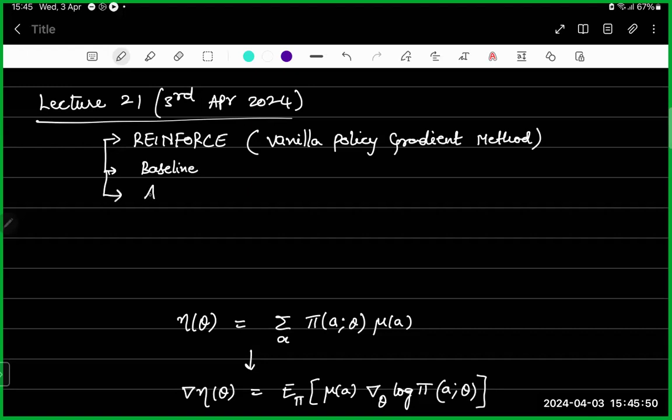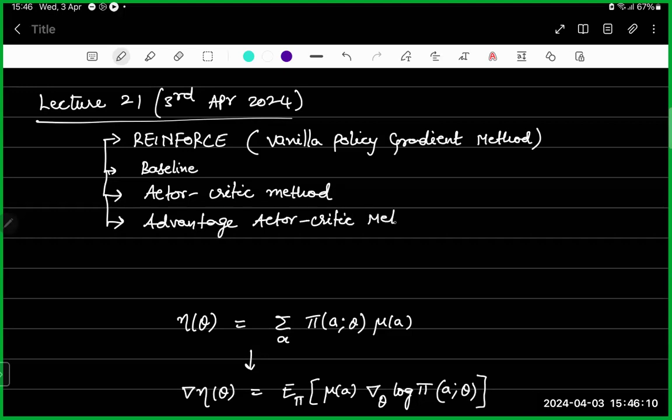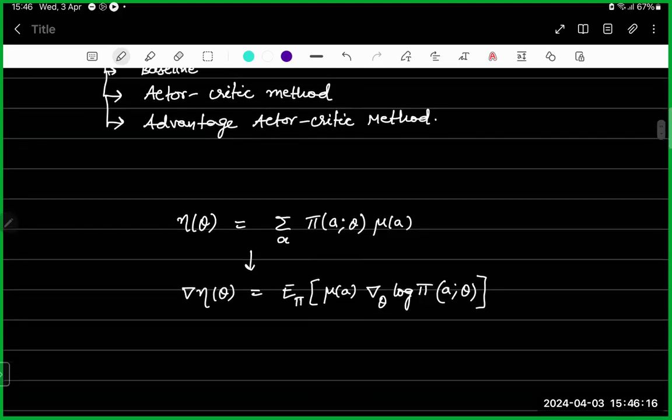And then we also look at what is called the actor-critic method, and then we'll also see what is called the advantage actor-critic method. Okay. So roughly these are the things we'll see in today's lecture.